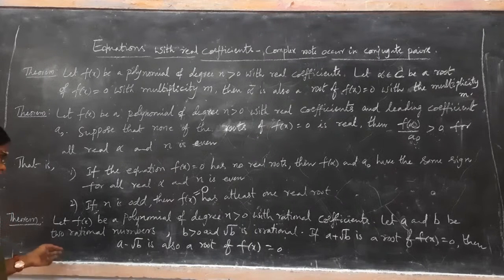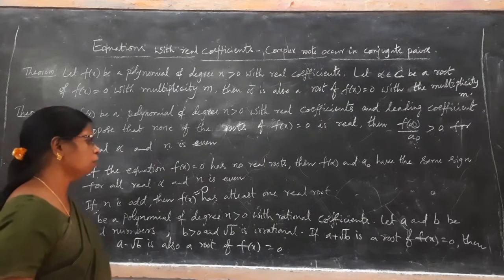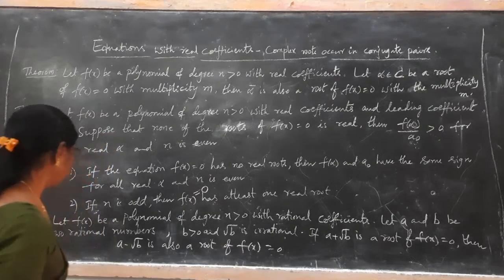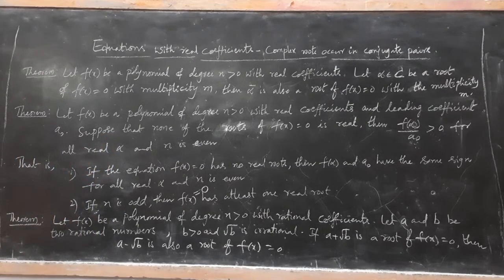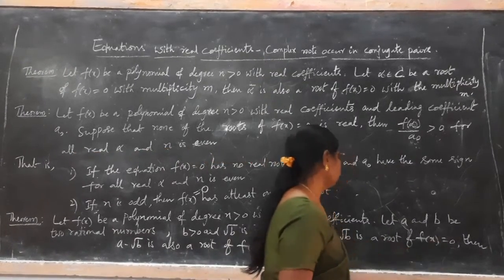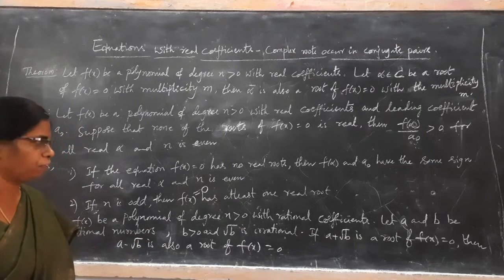Let a and b be two rational numbers, b greater than 0 and root b is irrational. So if a plus root b is a root of f(x) = 0, then a minus root b is also a root of f(x) = 0.